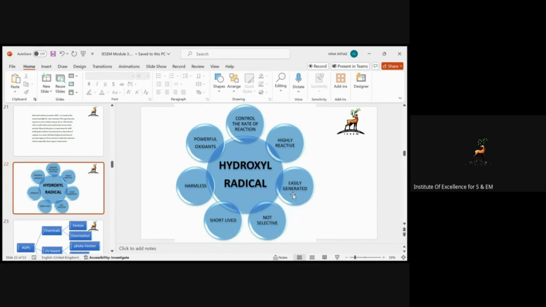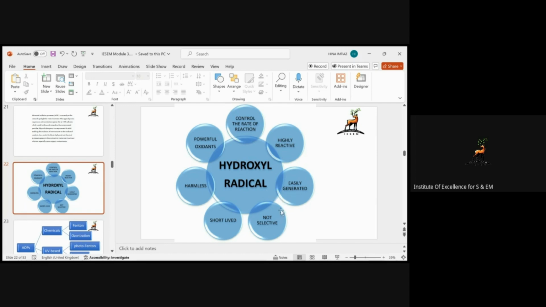And the third, it is very easily generated. So you just have to use the aeration method, or you can use certain types of coatings. For example, you can paste the activated carbon on that sheet. So when the wastewater comes in contact with those activated carbon sheets, that hydroxyl radical will be produced from that activated carbon.